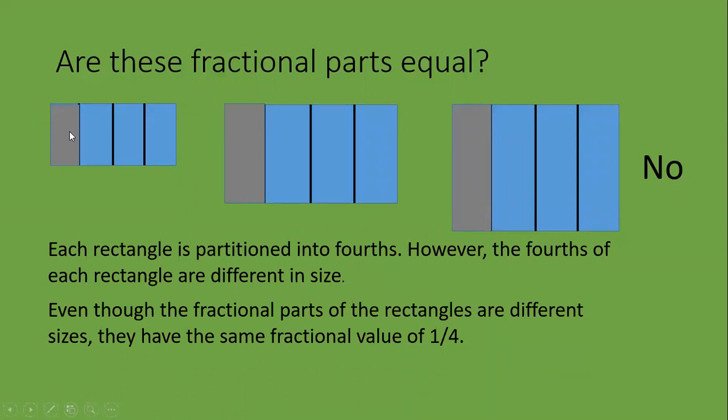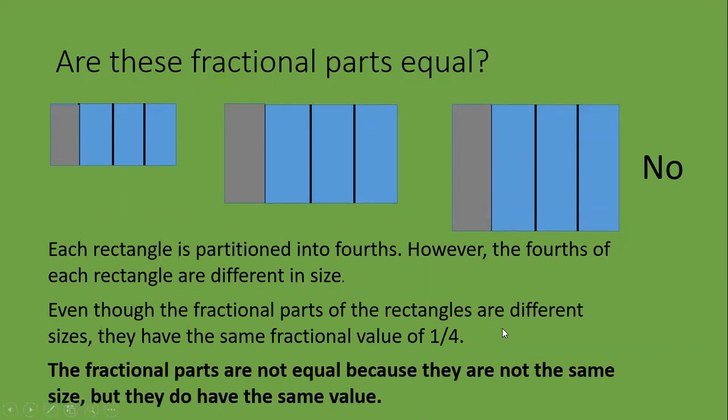So this small one is partitioned into 1/4. The medium-sized one is also 1/4, and the larger one is 1/4. So the fractional parts are not equal because they are not the same size, but they do have the same value. So remember, when considering fractional parts, you want to take a look at both the size and the value.